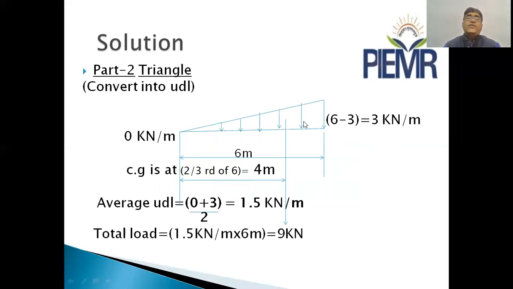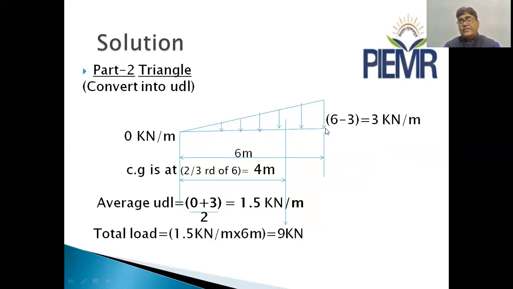Moving forward towards the next part of the solution, that is part 2, the triangular part. When I have cut the figure into two parts, the lower part will be the rectangular part, which we have already discussed, with an equivalent point load of 18 kilonewton. And the upper part will be treated as a triangle. At the first point, this is the 0 point, the load is 0 kilonewton per meter, and it varies at a uniform rate.